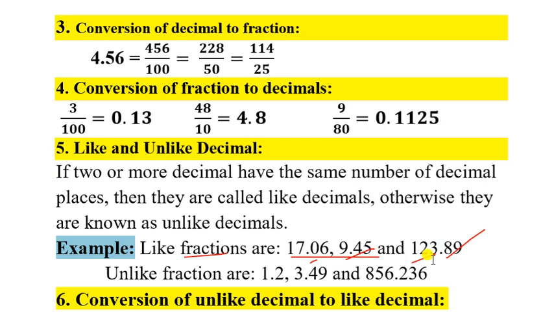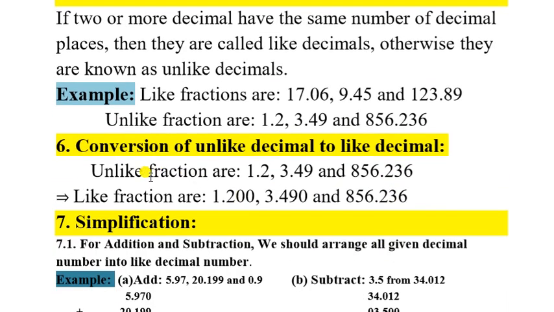For example 1.2, after the decimal only 1 digit, here 2 digits, here 3 digits. So they are not like decimals, they are unlike decimal numbers. Like decimals have the same number of digits after the decimal point. Remember this.